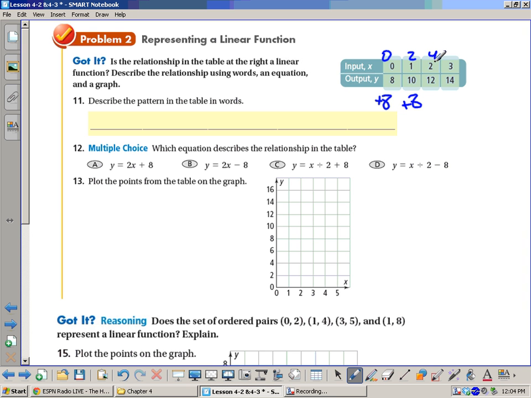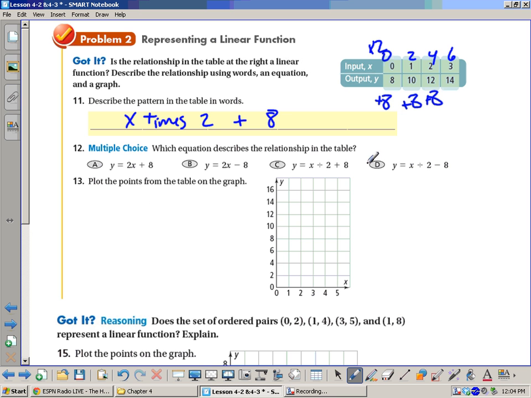Times 2, we get 4 plus 8, we get 12. Times 2, we get 6. So it looks like, based on our pattern, if we times the x by 2, and then add 8, we'll get our y value. So I'm just going to describe the pattern as times 2 plus 8. So x times 2 plus 8.